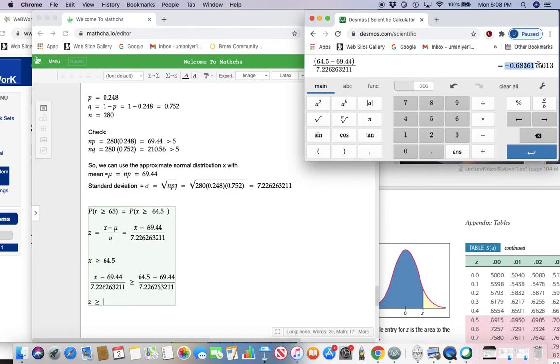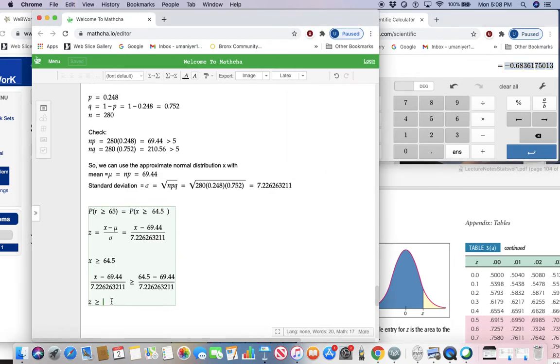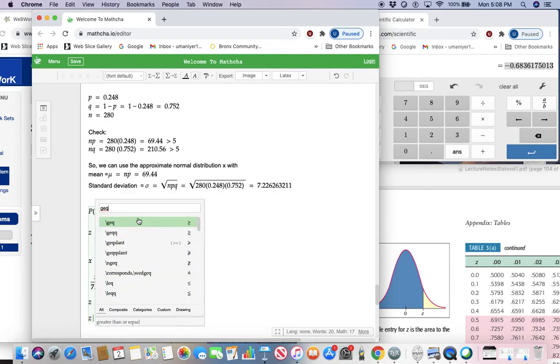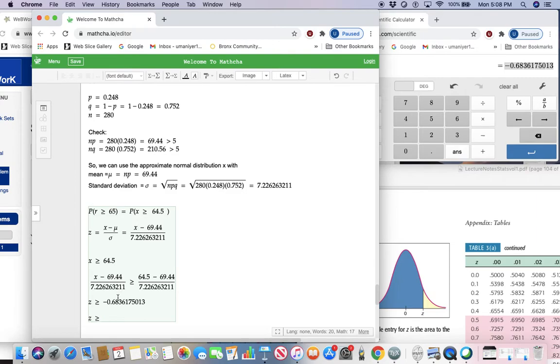That is the right hand value. Now is the time to approximate: two digits, 6, 8, and after 8 is a 3, so I don't need to do anything more. Z greater than or equal to negative 0.68. So this is the probability Z greater than or equal to negative 0.68.